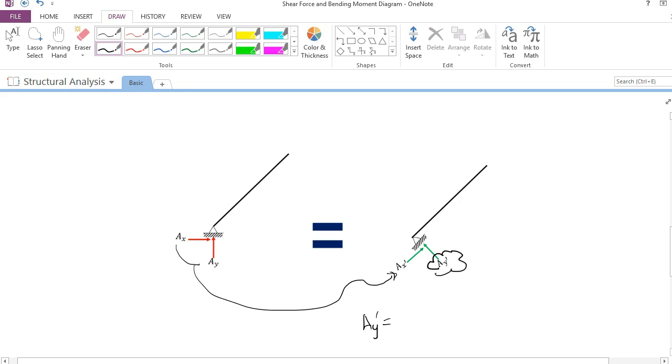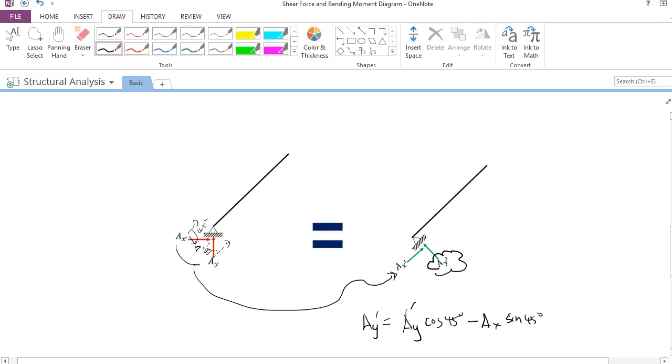In this case, let's do this together. This is 45 degrees, and this is also 45 degrees. So AY prime is equal to AY cosine 45 degrees minus AX sine 45 degrees.